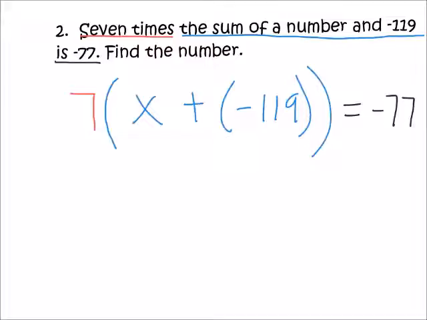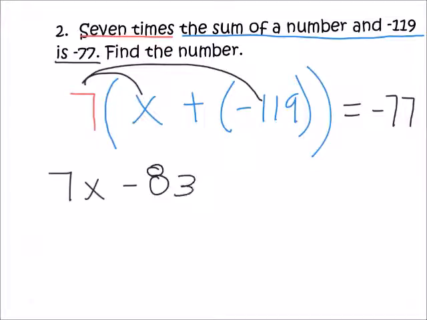So we'll write it out and distribute our 7, 7 to the x and 7 to the negative 119, so that we can simplify the left side. So we have 7x minus 833 equals negative 77.